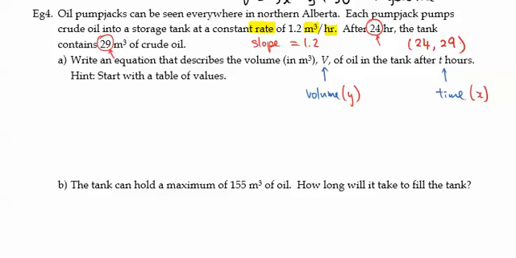We have the slope, we have one point on the graph. We can now create the line equation. We'll be starting with the point slope form, or slope point form. 1.2 for the slope, and we have 24 for the x coordinate and 29 for the y coordinate.